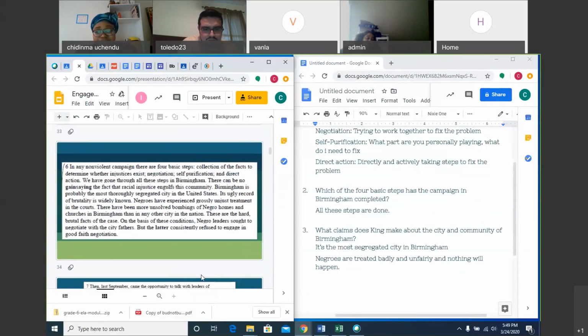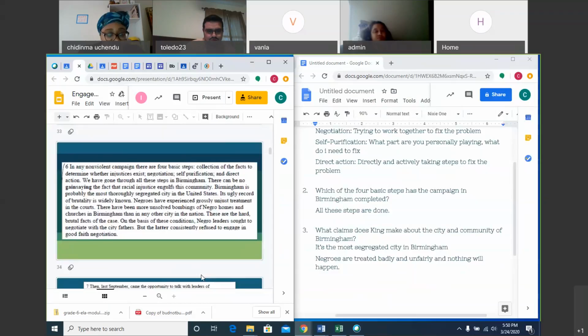I said anyone can jump in. And Iris, if you can jump in, that would be great. Are there any examples in there that show us that they were treated badly? Mr. Van, I want to let Iris try it first to give us one example, and then the rest of us can talk so that she can get her participation point today.